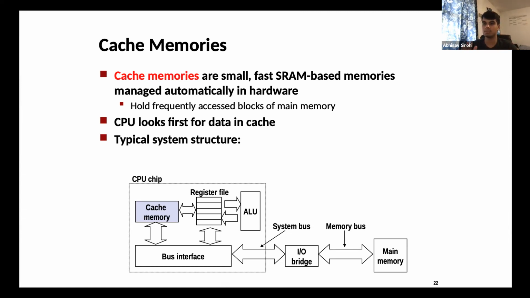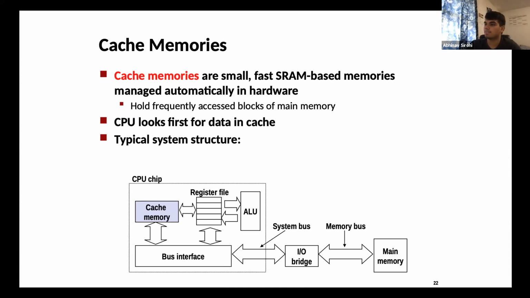It's not a lot of storage, but we can design systems so that things that will likely be used will be stored in the cache, and the CPU will be able to access them much quicker, speeding up runtime by a lot. Because going to memory is expensive and going to the cache is a much cheaper operation. So the CPU first looks for the data in the cache, and then goes over to the main memory instead of going straight to the main memory.